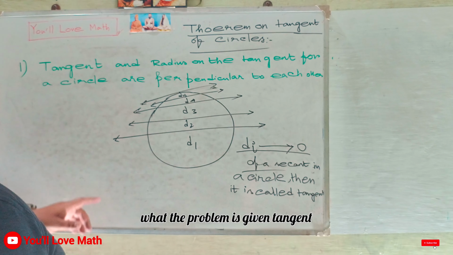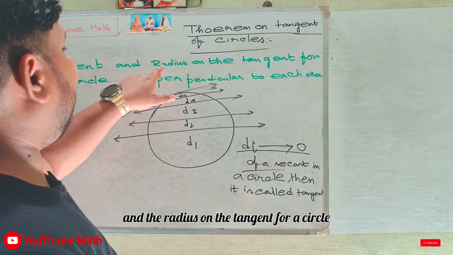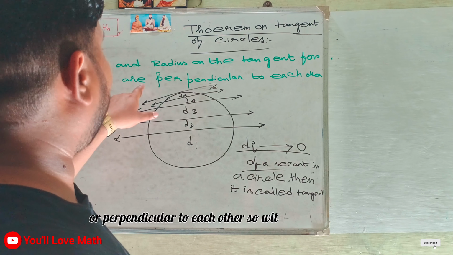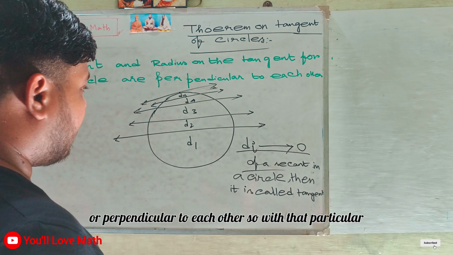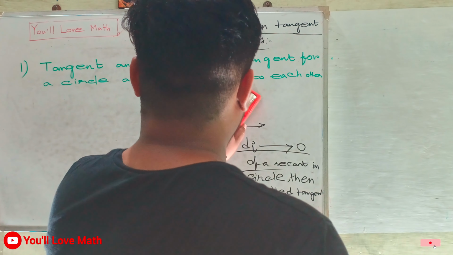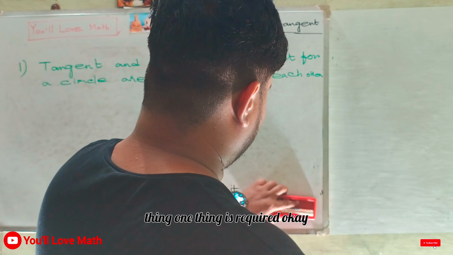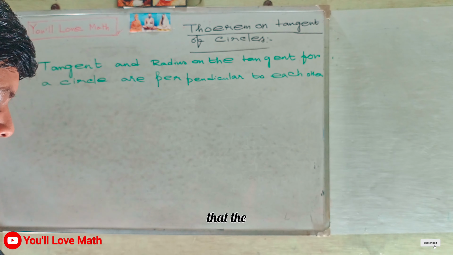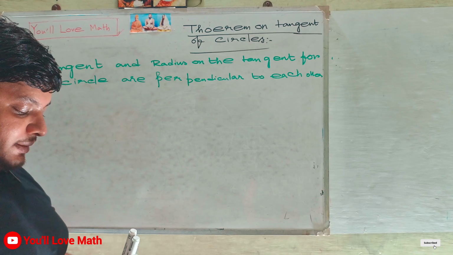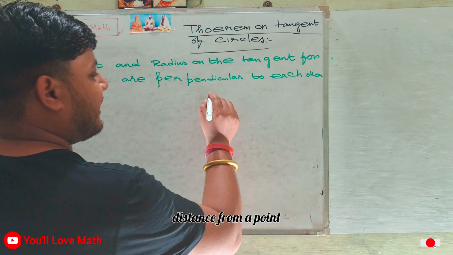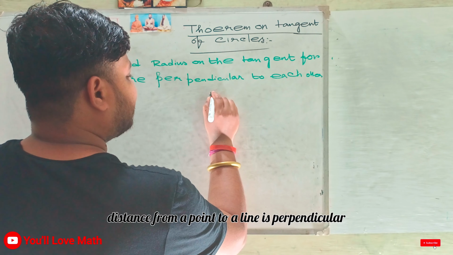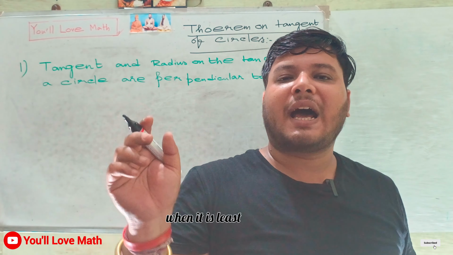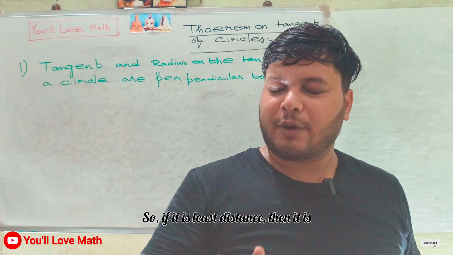The problem given is: the tangent and the radius at the point of tangency of a circle are perpendicular to each other. With that, one thing is required: the distance from a point to a line is perpendicular when it is the least distance.